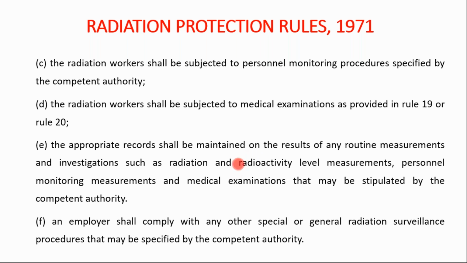So this monitoring activity, whether a measurement of radiation, personal monitoring, or a medical examination, can give us the idea whether all these activities are going on within permissible limits or not.